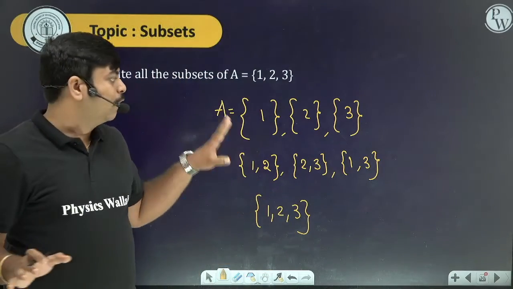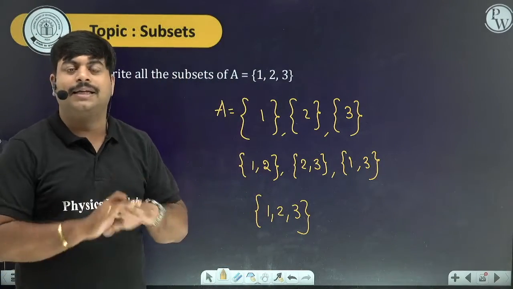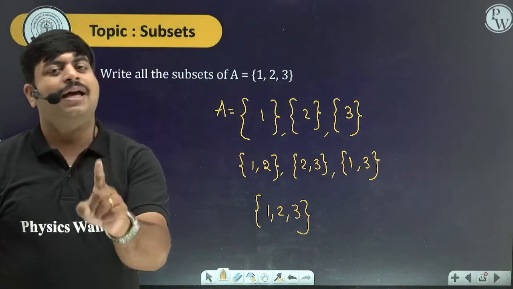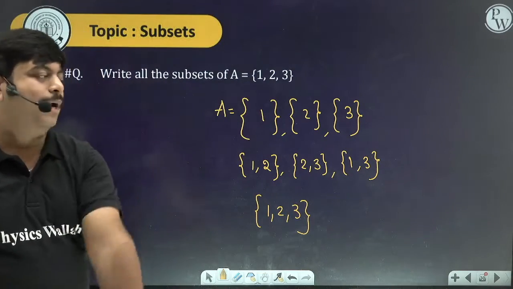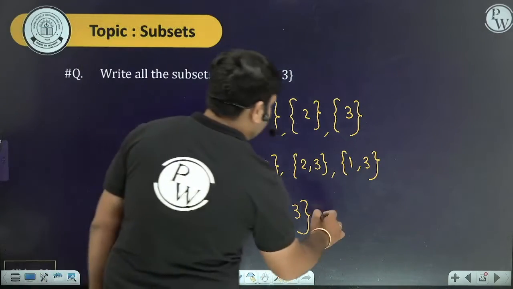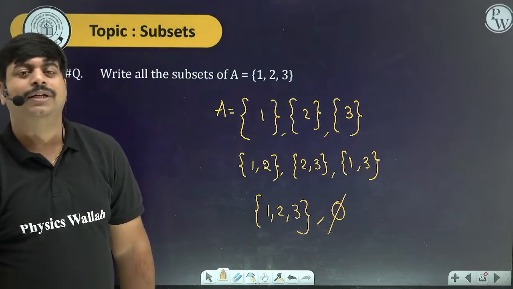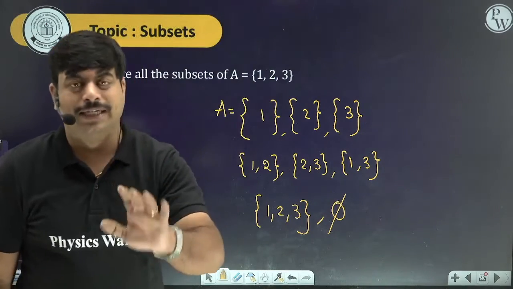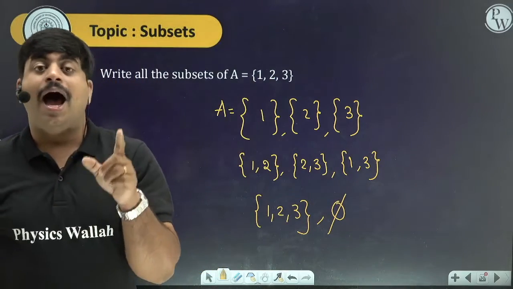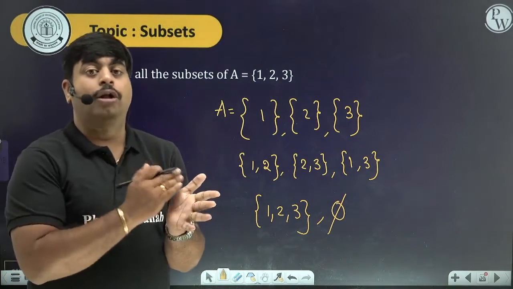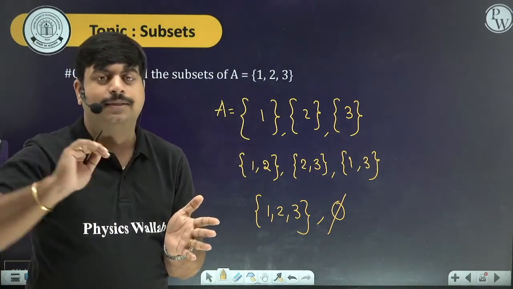And people stop here. People stop here writing all the subsets, thinking they are done. No. You still missed one set, and that is where you miss all your marks. People, that is nothing but the empty set ∅. Yes, ∅ should always be included. Whenever you're writing subsets, don't forget that. Unless it is mentioned in the question, something like write down all the non-empty subsets.